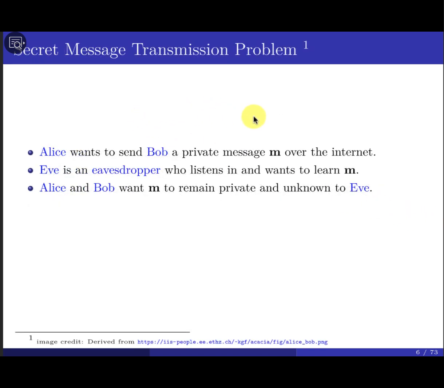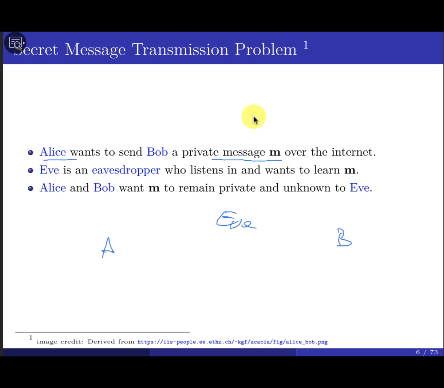So again, why do we need what is called cryptography? The simple thing is we need it in order to send a message in, let's say, an insecure medium. So assume Alice wants to send a message to Bob, and this must be private over the internet. So this is Alice, this is Bob, this is Eve.